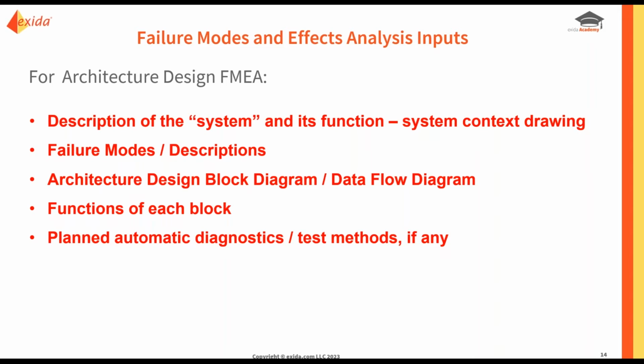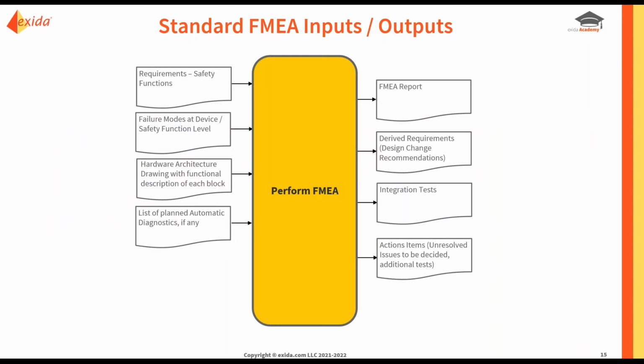Good set of inputs. All right. When we have that set of inputs, we will be able to generate the FMEA report, which describes and documents our analysis. We will be able to generate, and should generate, derived requirements.